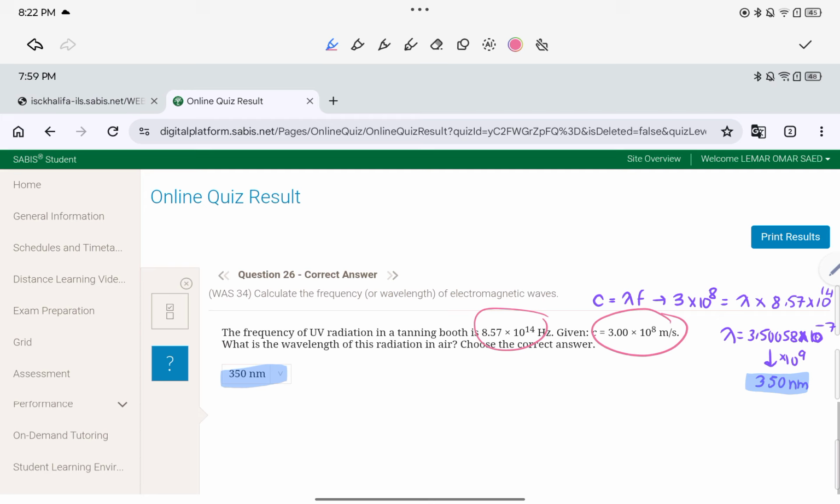You find it, you get like 3.50058 times 10 to the power of negative 7, like we always do, and like they always want in nanometers. It's not always like that, but most of the time, from what we are taking now, you have to make it nanometers. So you multiply by 10 to the power of 9, and you get 350 nanometers as your answer.